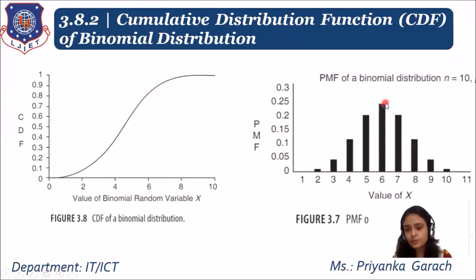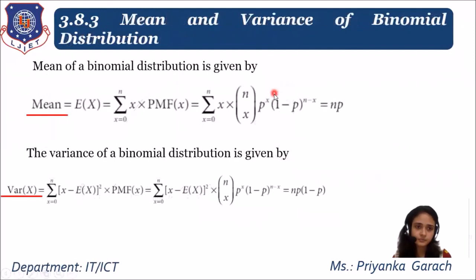After the value of 6, the graph decreases in the PMF. So what will happen in the CDF? After the value of 6, the graph will become constant, because the CDF is the summation of all the values in the PMF. So this is how you can remember the shape of the graph.